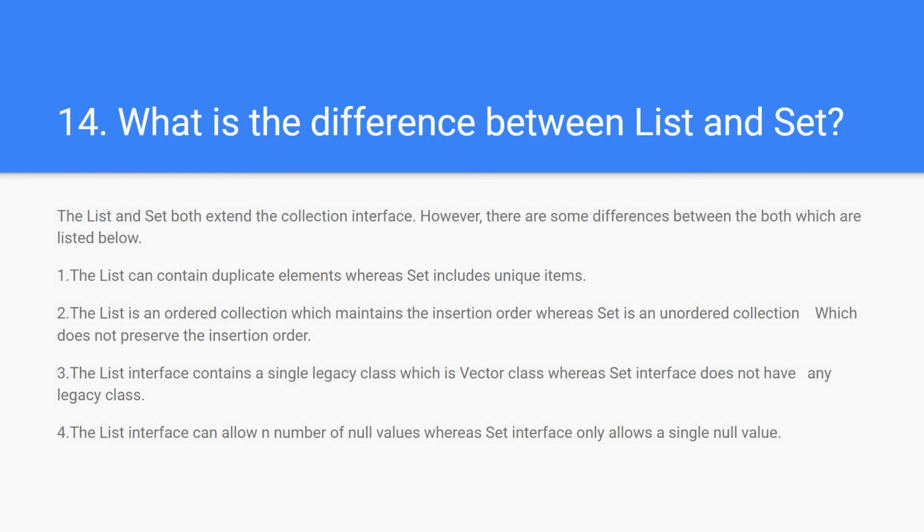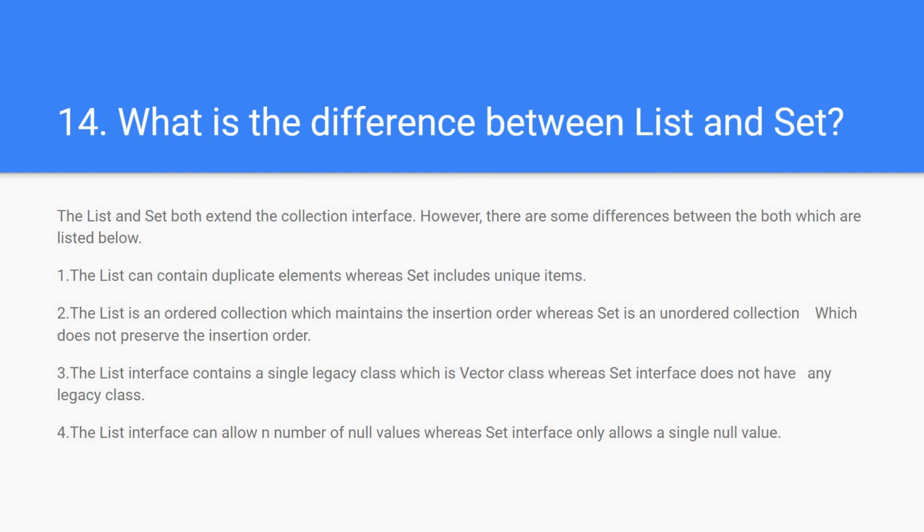The List is an ordered collection which maintains the insertion order, whereas Set is an unordered collection which does not preserve the insertion order.